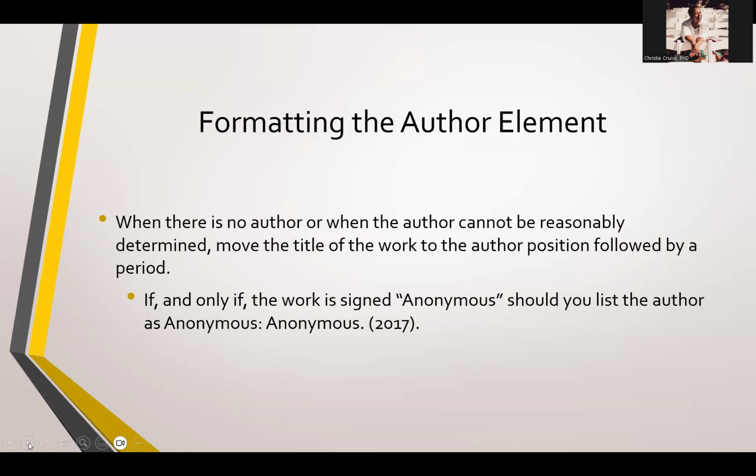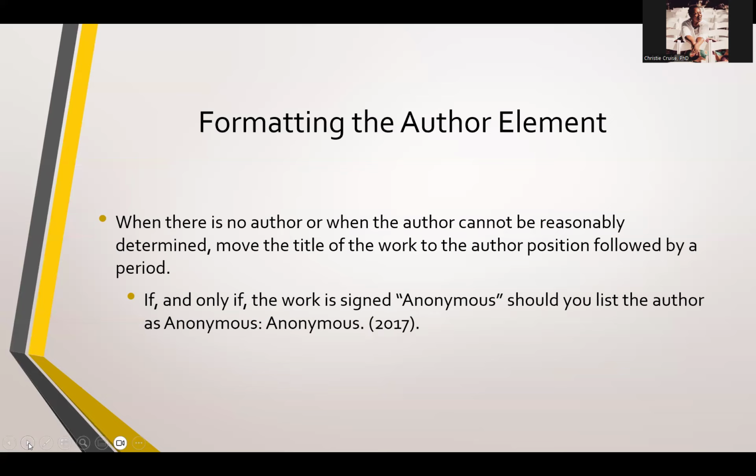When you are formatting the author element and you come up with a work that is anonymous, APA is very specific in terms of how this must be handled. When there is no author or when the author cannot be reasonably determined, then you move the title of the work to the author position, followed by a period, then the year in parentheses.